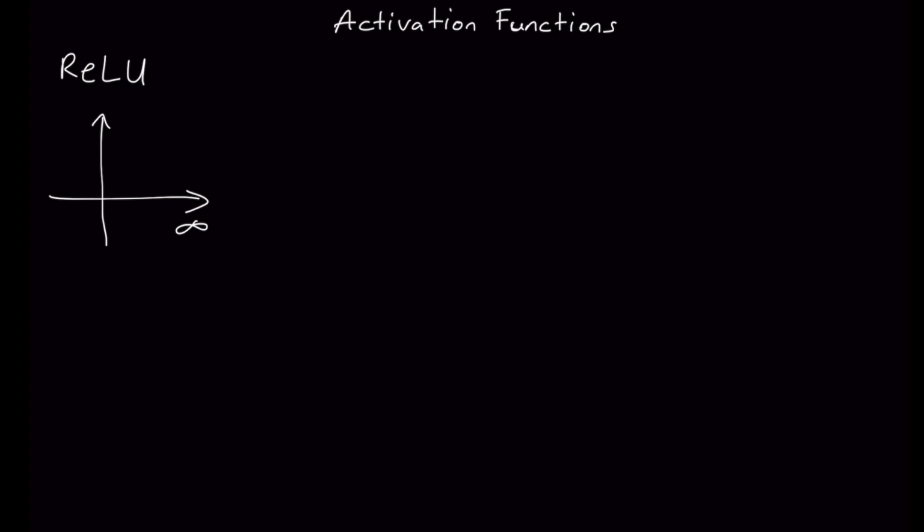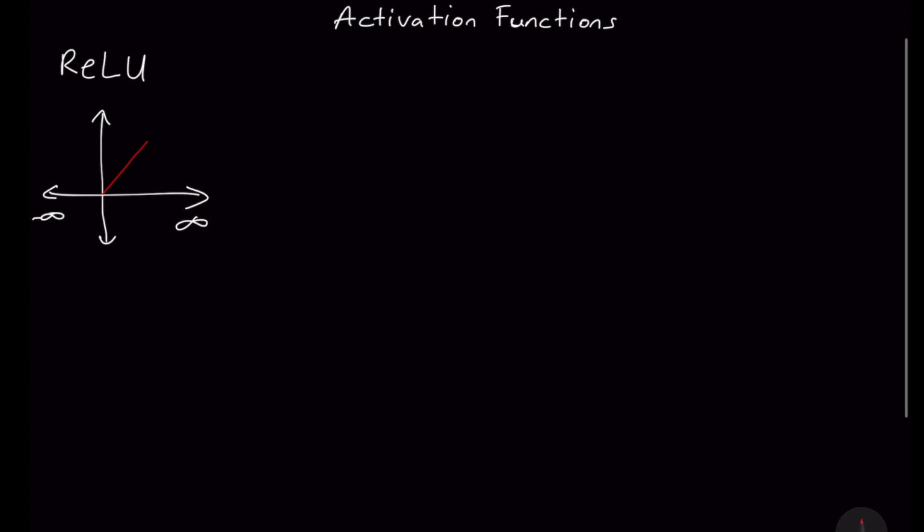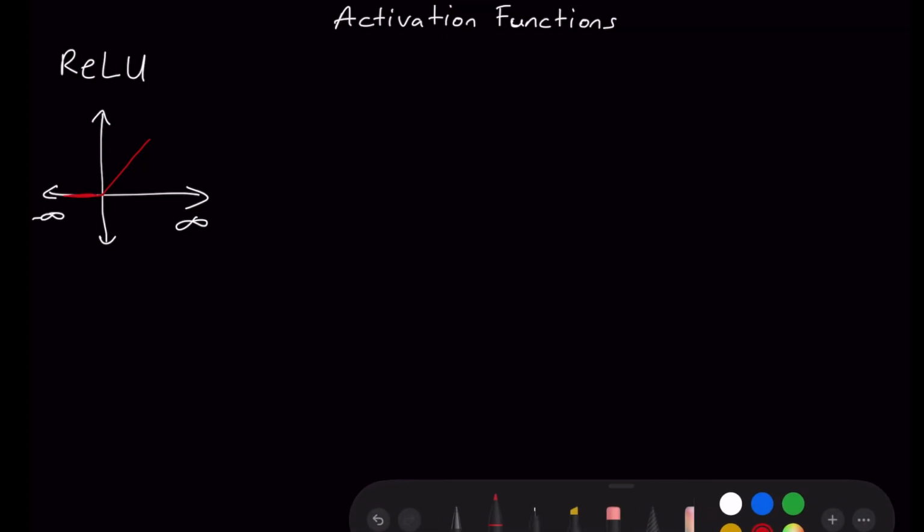positive infinity, negative infinity. And in this plot, it will be a linear unit where I'll just use red here on this side of the positive values, and it will be zeroing out on the negative values.